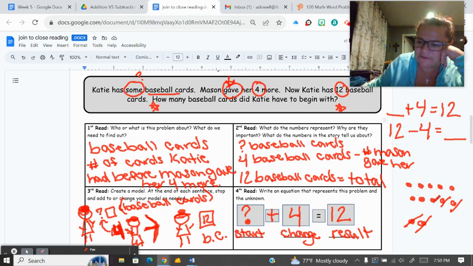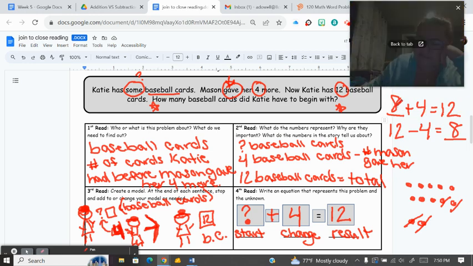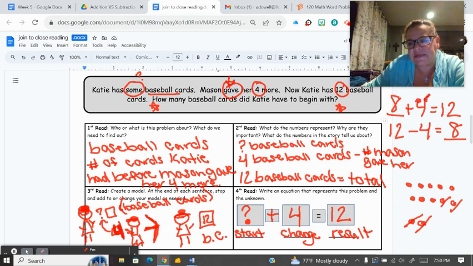I have 5, 6, 7, 8. So then would that make sense? 8 plus 4 equals 12. Let's check. So 8, 9, 10, 11, 12. That's right. So how many did she have to start with? She had 8 baseball cards to start.